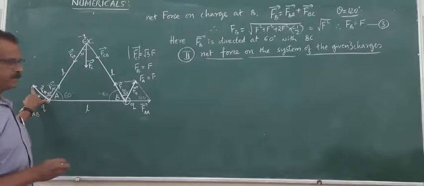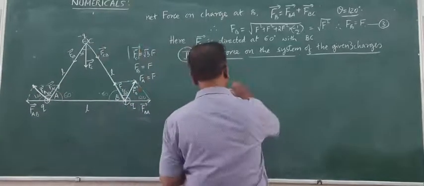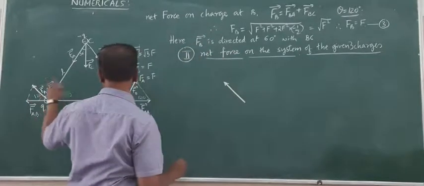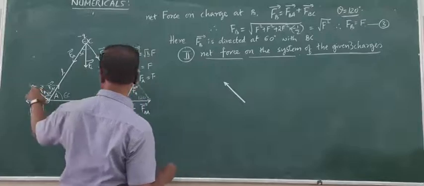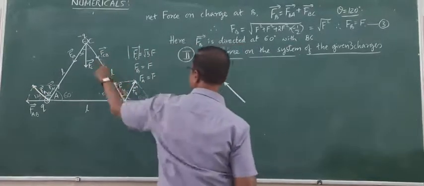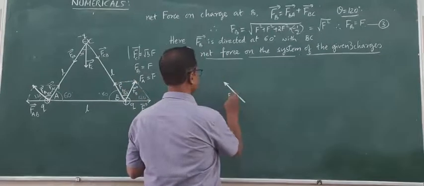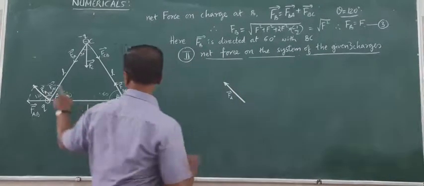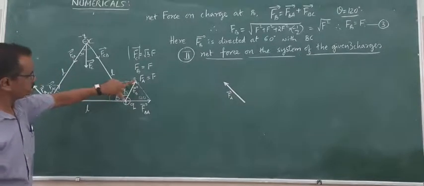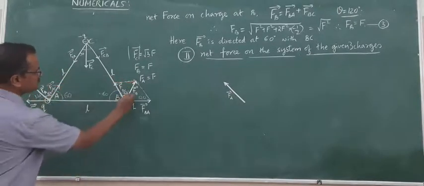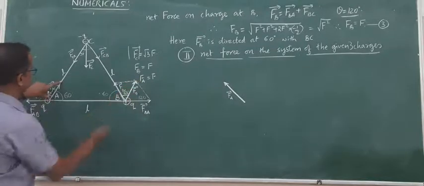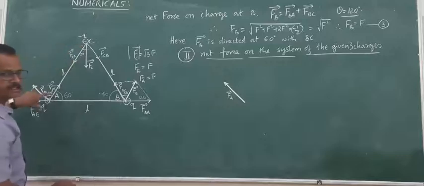Vector FA, I am transferring this vector FA parallel to itself. Vector FA is parallel to BC. Look at this. So I have drawn FA parallel to BC. Then vector FB. Look at this. This vector FB is at an angle of 60 degrees, so definitely vector FB is parallel to the side AC.